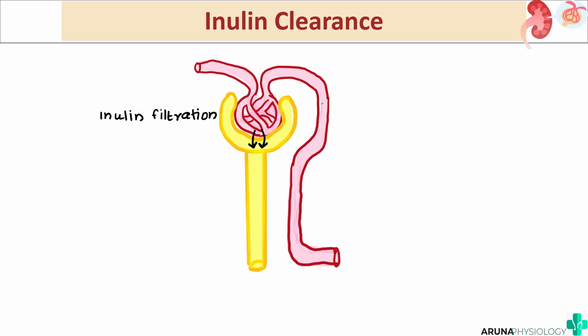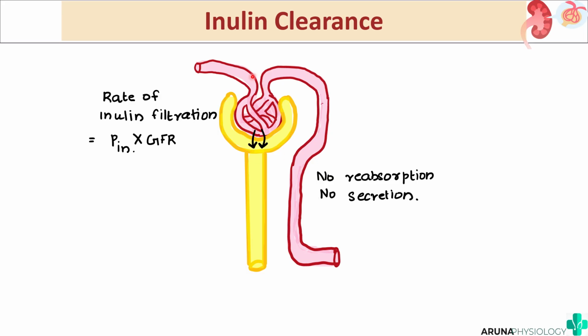So what would be the rate of inulin filtration? That would be the plasma concentration of inulin times the GFR, right? Now, inulin is a substance which is not reabsorbed or secreted. So, whatever is filtered is going to be excreted, right?